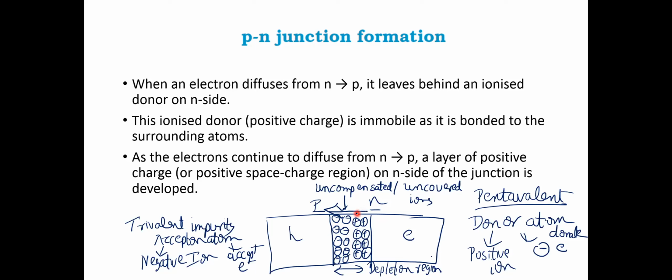Is it possible? And similarly, what about the electrons here? Can electrons move in the direction of the electric field? Electrons move in the direction opposite to the electric field, and holes move in the direction of the electric field. So neither the holes nor the electrons can now cross the depletion region. So when sufficient depletion region or electric field is generated, it stops the further diffusion process, and therefore the diffusion current becomes zero.